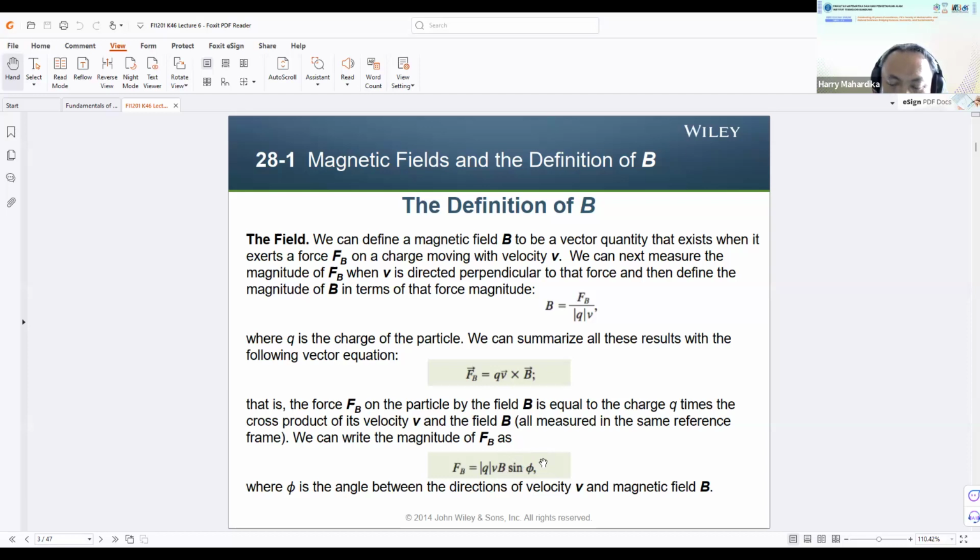direction. Okay, the direction between B and V. So B and V will not always be perpendicular to each other. It can have a certain angle between the two of them, but it must not be parallel. So the direction of the particle's velocity and the external magnetic field influencing the particle must not be parallel to each other.